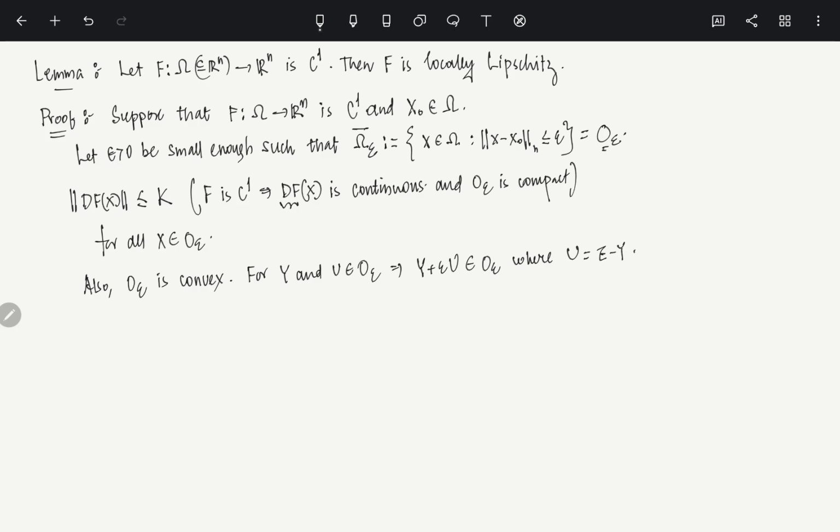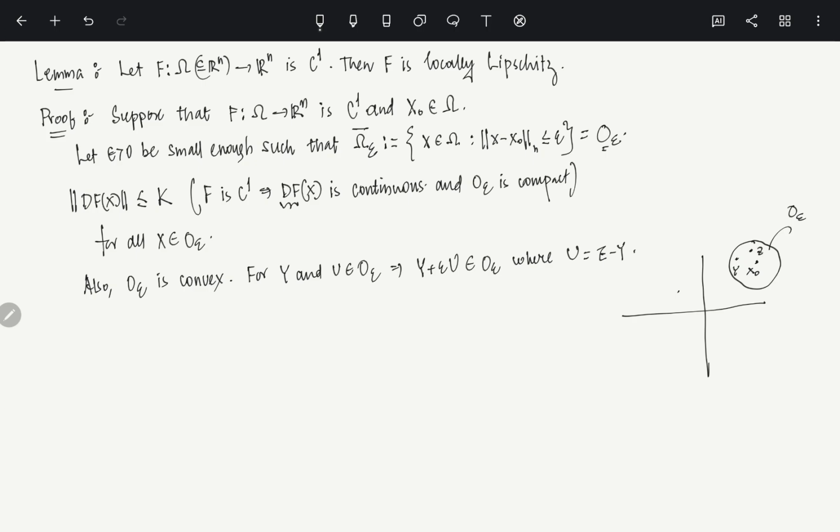See, what I am trying to do is this. Let me draw this part. This is x naught, the ball is centered at x naught, this is O epsilon. Now you see, this is compact, so you start with any 2 points y and z.